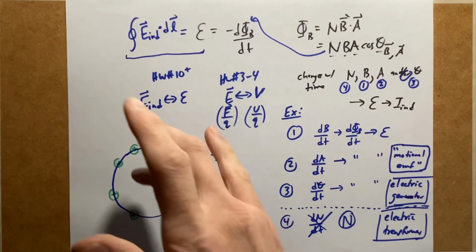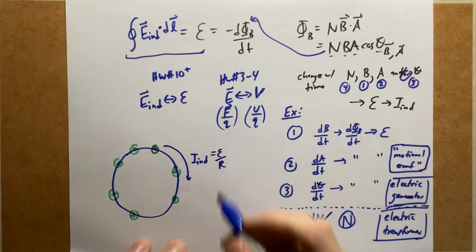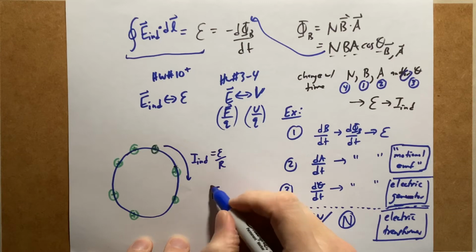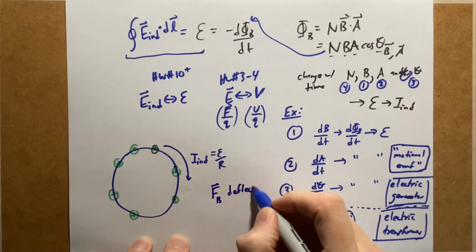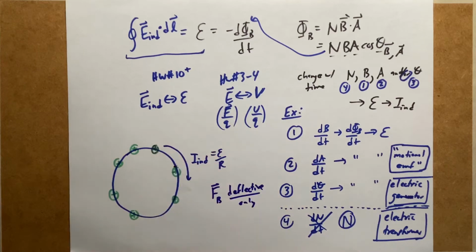Well, of course, we learned already, starting with homework 8, that a magnetic field is not going to be able to pick up charges from rest. It's deflective only, right? So we learned that magnetic force is deflective only. So the only thing that could pick up these charges from rest is an electric field. So what's the direction of that electric field?